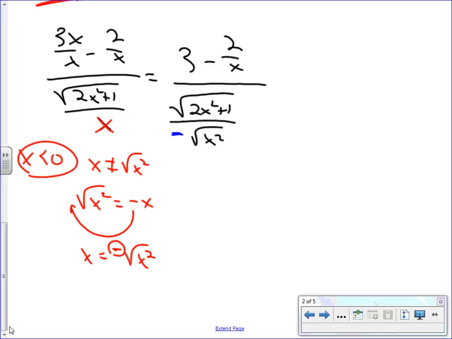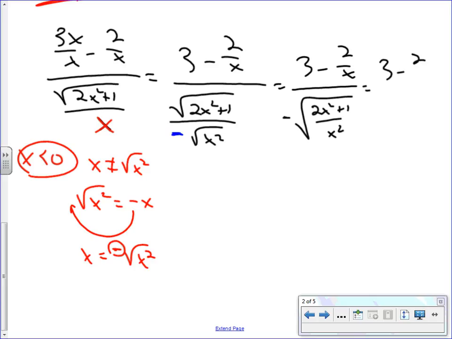Okay? So the rest of it is just like the other one, except now there's a negative on the outside of our square root. So it looks just like the other one, but you have that negative on the outside, okay?